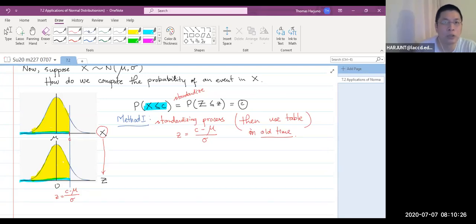Now, I want to teach you another method, method 2, the TI-84 calculator method.